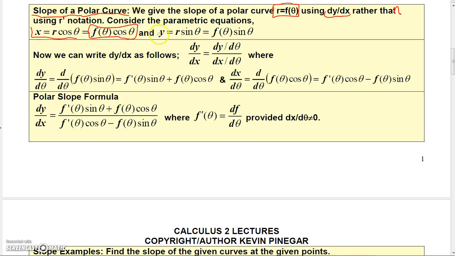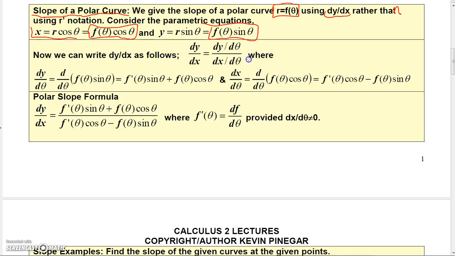And if we say y equals r sine θ, which of course y does equal in polar coordinates, then we can say that's f(θ) sine θ. Now, we can actually write dy/dx like this: (dy/dθ) over (dx/dθ) is equivalent to dy/dx.